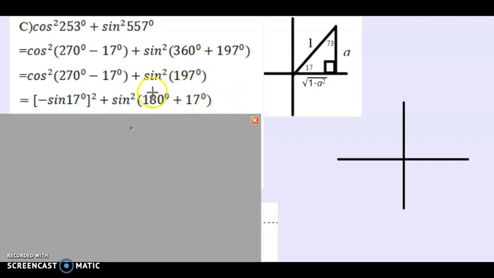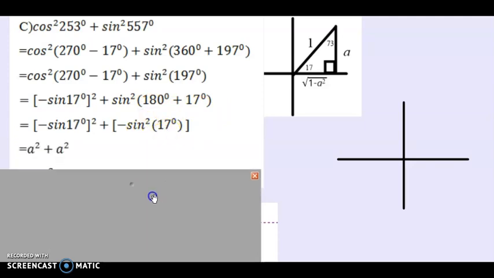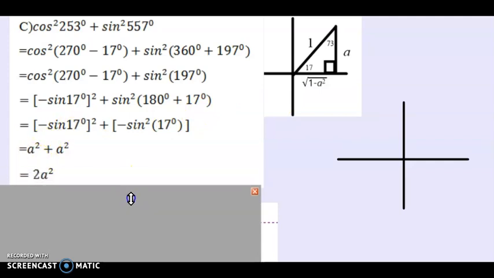Now we say 180 degrees plus 17 degrees. So this is reduced to third quadrant, negative sine square of 17. So this being all squared, sine 17 is the opposite over the hypotenuse, which is a squared, and a squared is a squared. So my answer is 2a squared.